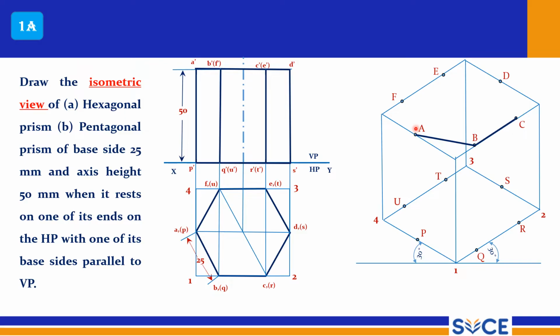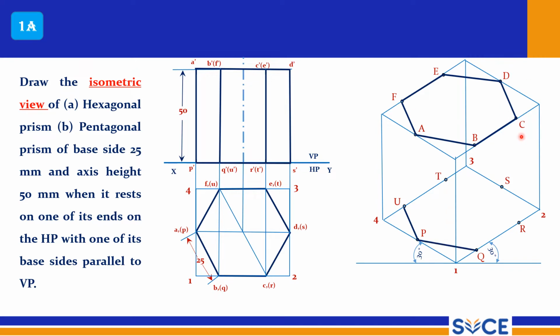Very simple problem. As I said earlier, whatever points you have on the top surface can be marked with thick lines straight away. No need to think about any invisible edge here.